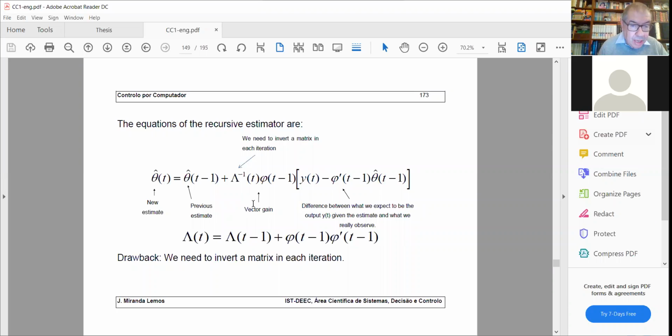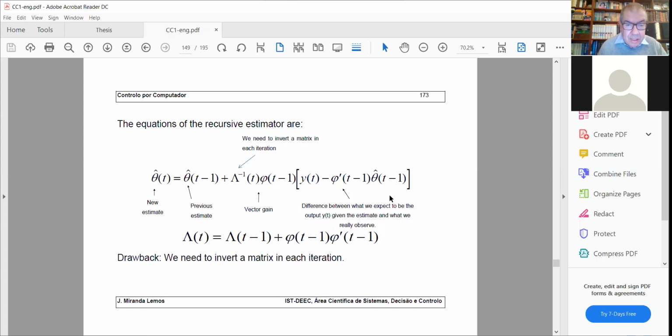And what is this correction? Look at the term between square brackets. This is y of t, and this is phi transposed at time t minus 1 times theta hat at time t minus 1. So this is what you would expect y of t to be, given your previous estimate.